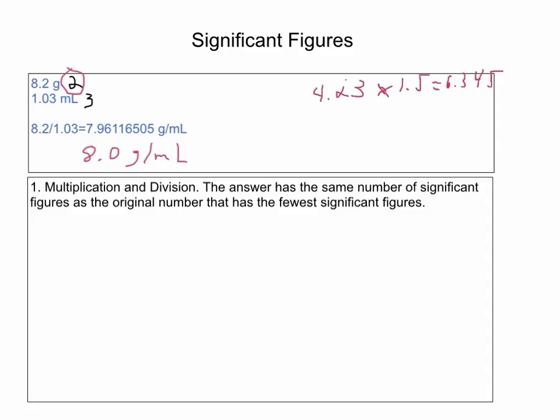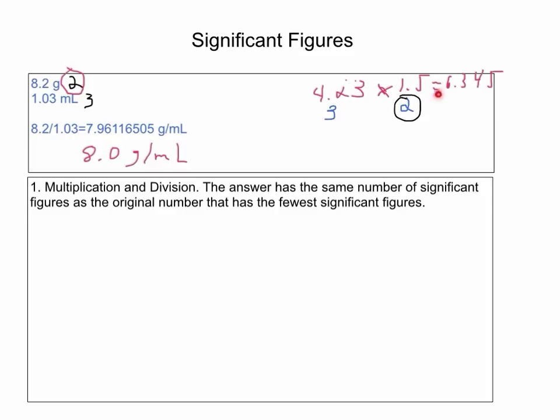Now we have to figure out the correct number of significant figures. If we look at the first number here, 4.23, there are 3 significant figures. If we look at our second number, 1.5, there are 2 significant figures. What this tells us is our answer needs to be rounded to 2 significant figures.